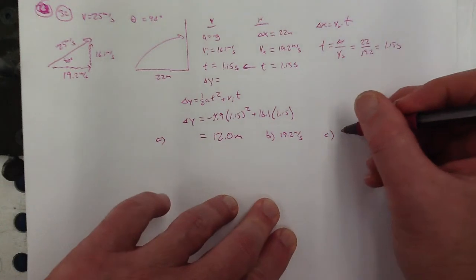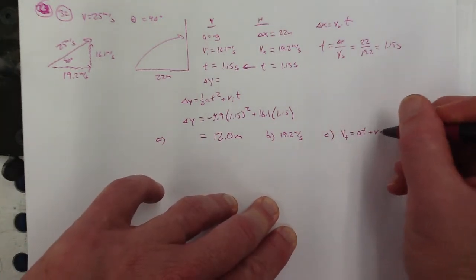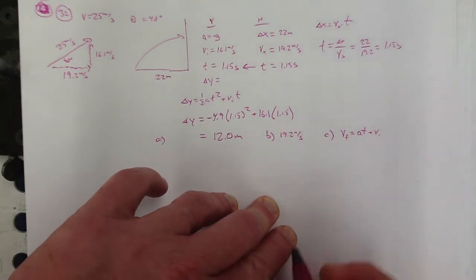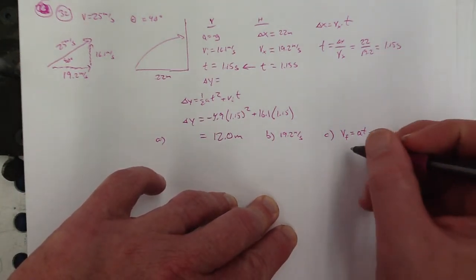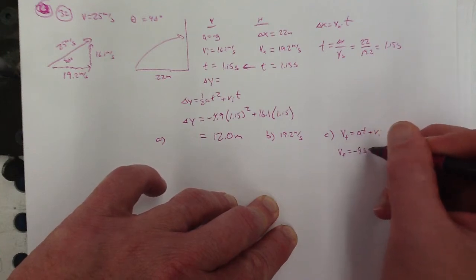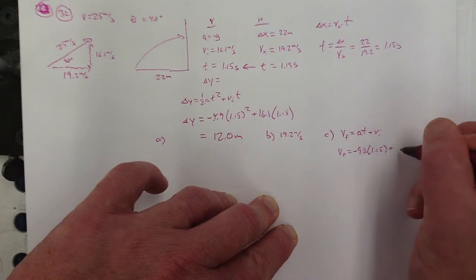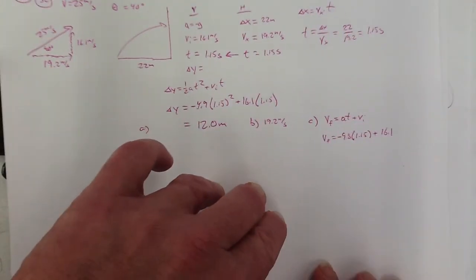Well, I know that final velocity is equal to acceleration times time plus initial velocity, so that is going to be negative 9.8 times 1.15 plus 16.1.